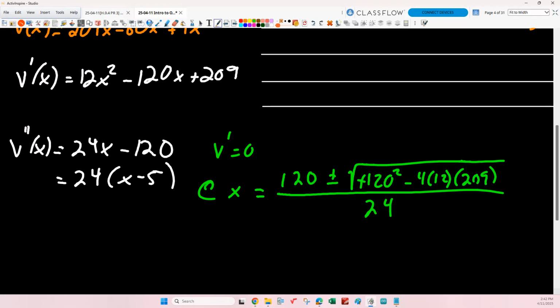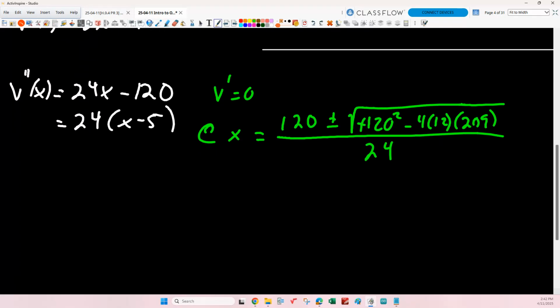What's that give us? Somebody got a calculator handy? Just throw in the positive one first. Divided by 2a. A is 12.